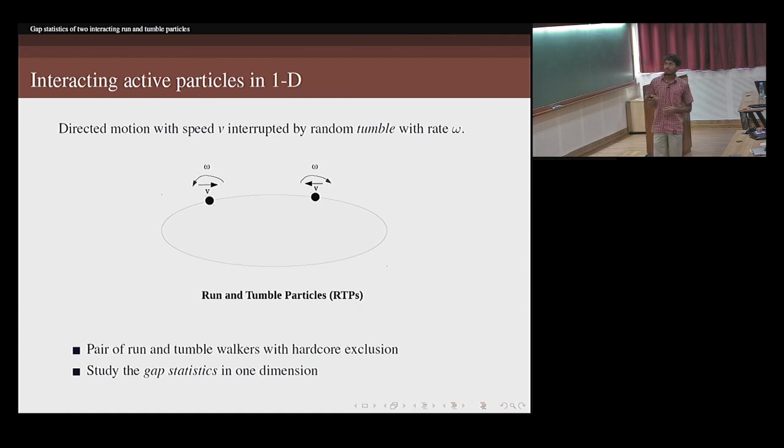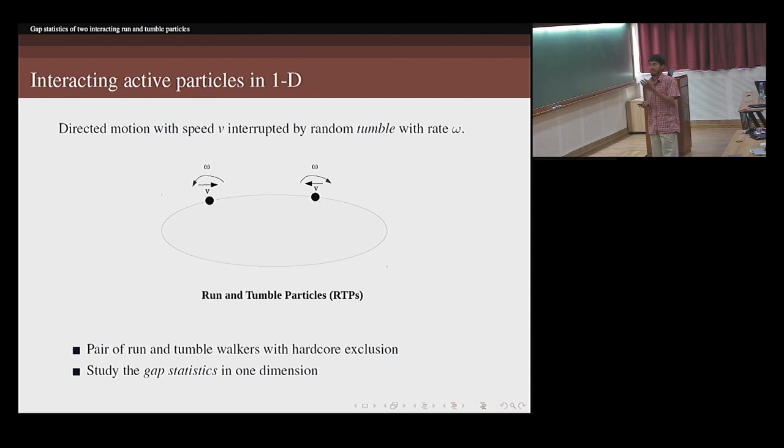Here I will be working on random tumble particles, which are a very special kind of so-called scalar active particle. The random tumble particle is, say, a bacterium or some microscopic agent running in a single direction with some constant speed v, but this rectilinear motion is interrupted by occasional tumbles, which happen with some rate omega.